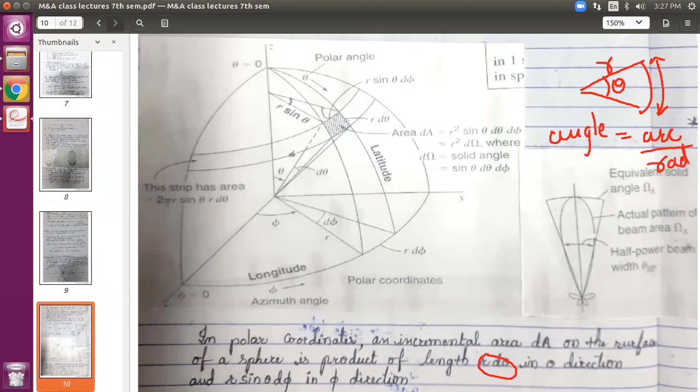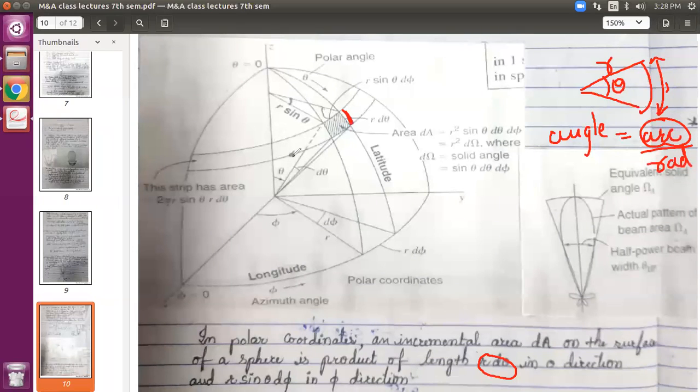I have written here one formula. Angle is equal to arc by radius. Arc is this portion, the arrow marked portion. This is the arc, divided by radius, and we now want the arc. This is unknown to us.